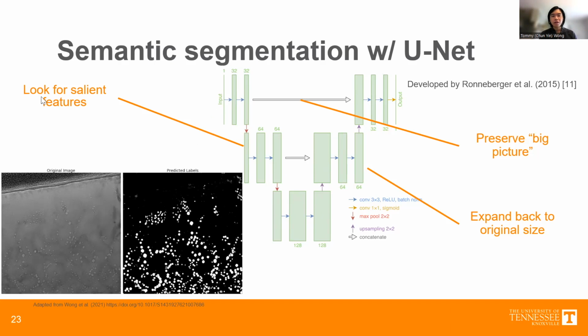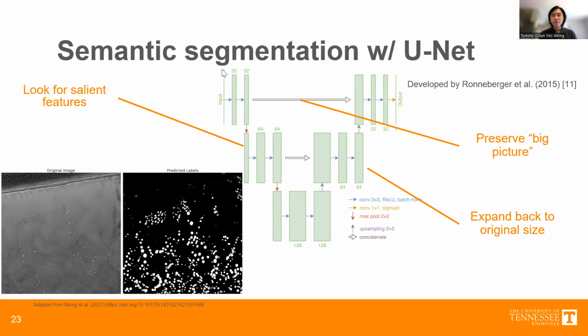And what it does is that this first half of the UNet, which is otherwise known as an encoder, performs the task of looking at salient features. So for example, edges and small variations in gradients of the feature that you're looking for.